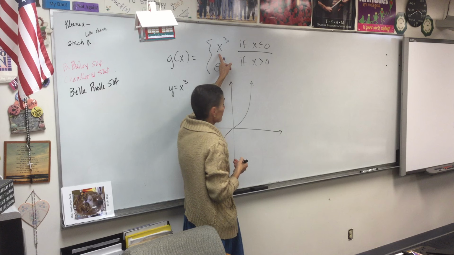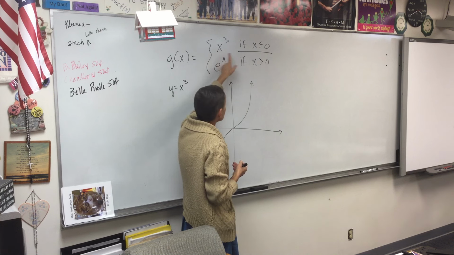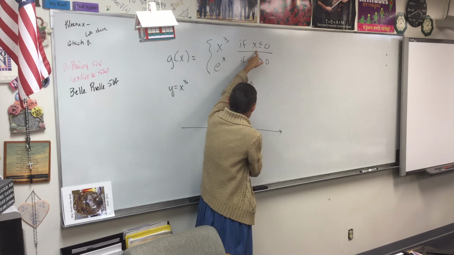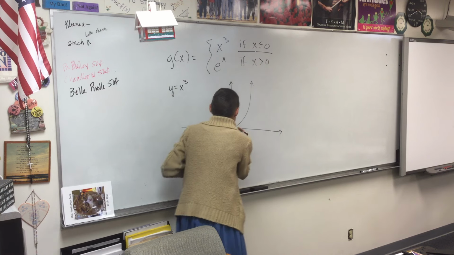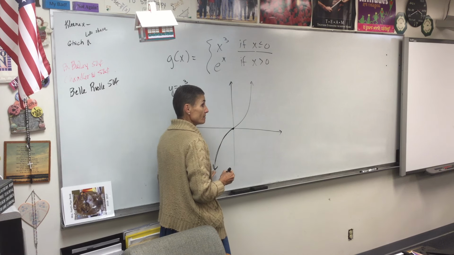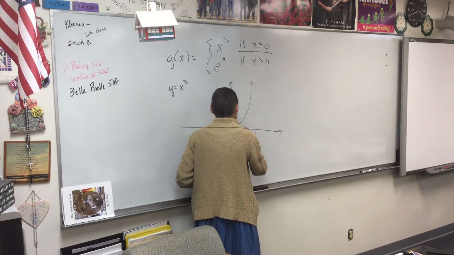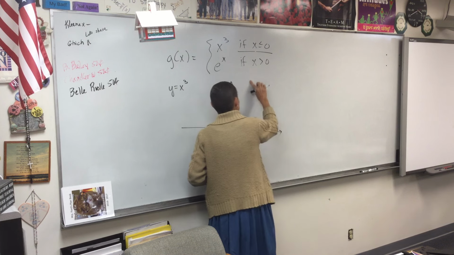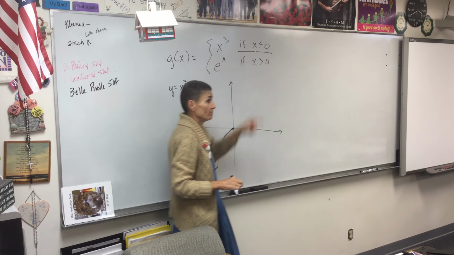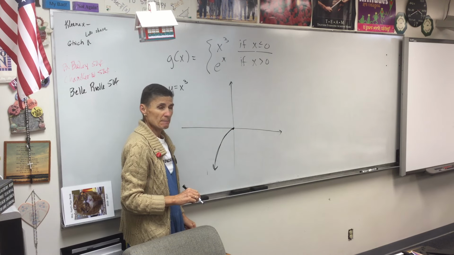The only part of the graph that applies to this function is the part where x is less than or equal to 0. So that would be this part of the graph, right? So I'm going to take my handy dandy eraser and I'm going to erase this part because it doesn't apply in this problem. Does that make sense to you?